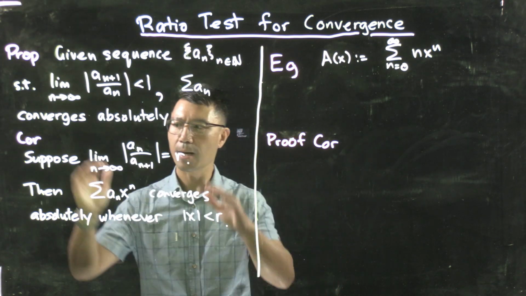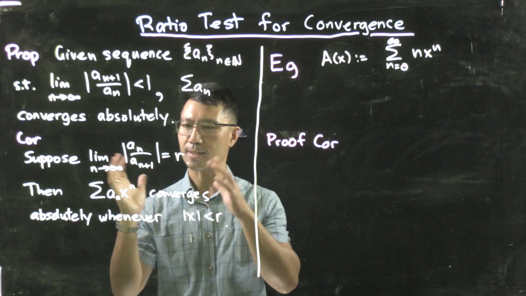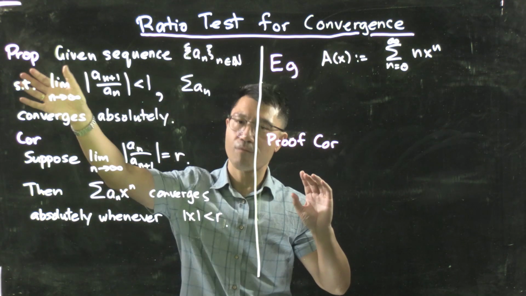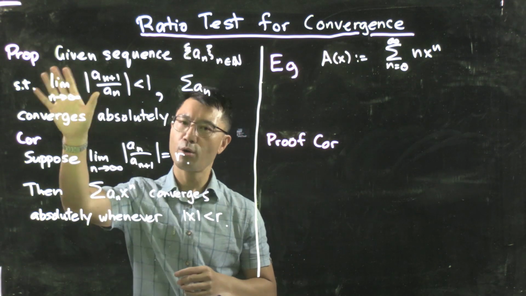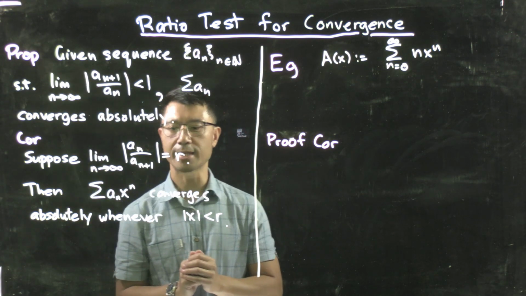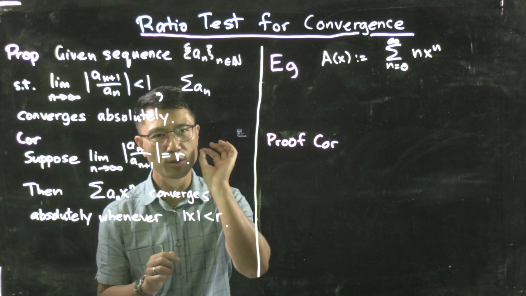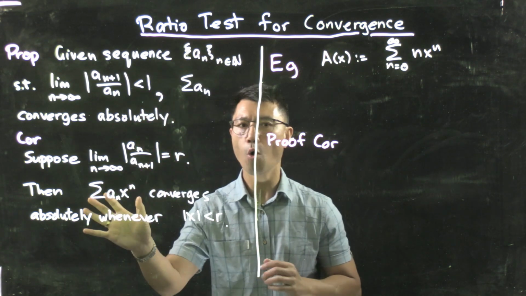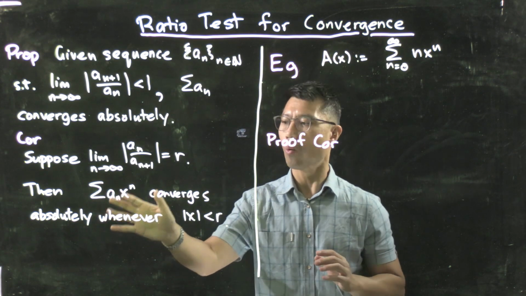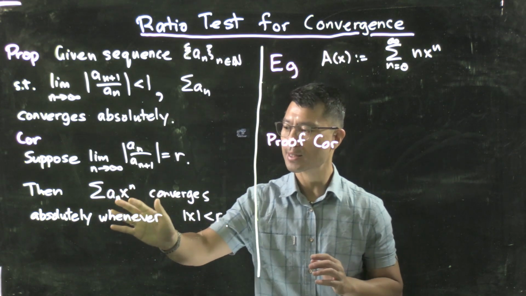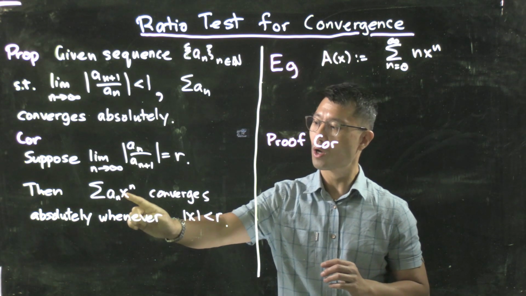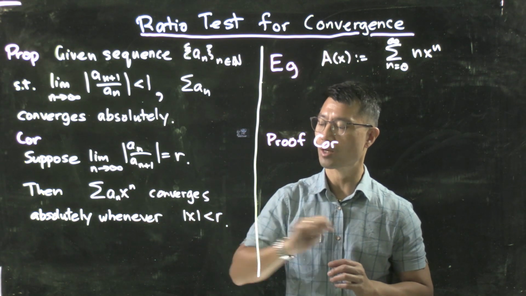Let's get a feel for this corollary by looking at some examples, and then we'll show how this corollary follows from the proposition. We'll prove the proposition last. First, a sanity check: when all the a_n are equal to 1, this is just the geometric series, and it converges when the absolute value of x is less than 1.